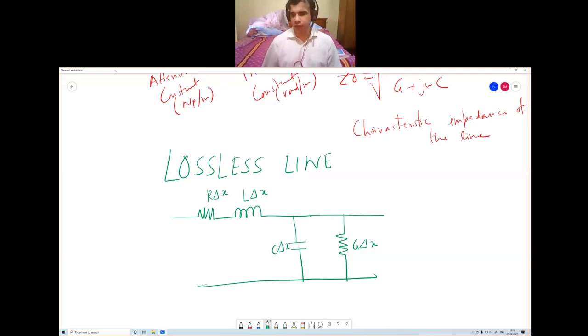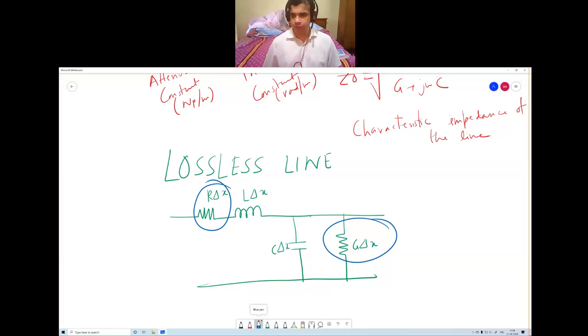So, whatever power is lost by the line has to do with this and this: the resistance per unit length and the conductance per unit length of the line, because inductor and capacitor will not consume any power.